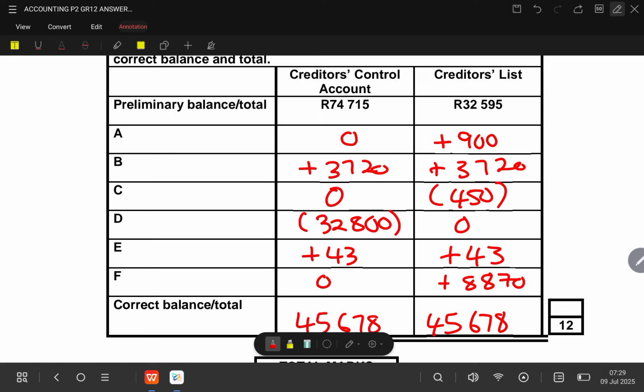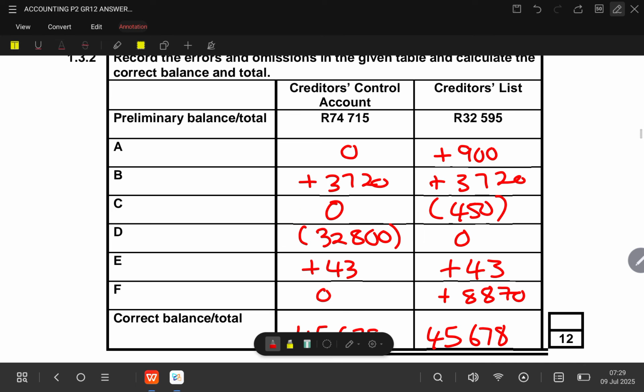And then some errors, you'll find out that there was an error in terms of recording. Maybe the person recorded on the other side, or they missed the sign. So just make sure that when you interpret the question, you understand first where the error was made. And then remember, you did this from grade 10, so you should not be struggling with creditors control and the list. This is just basics.